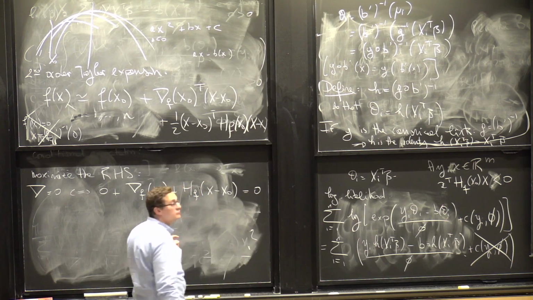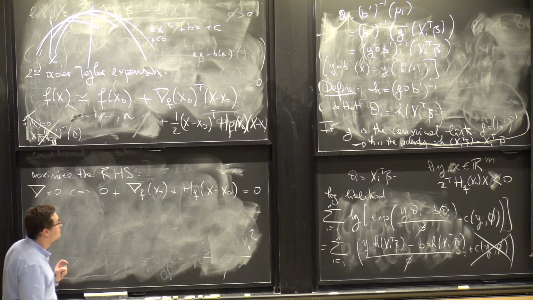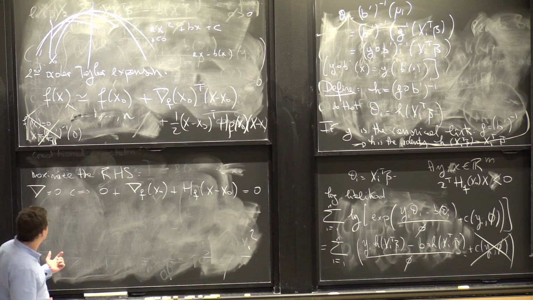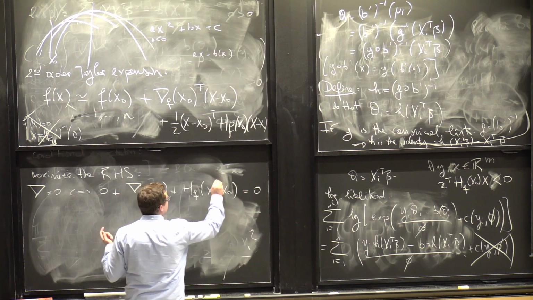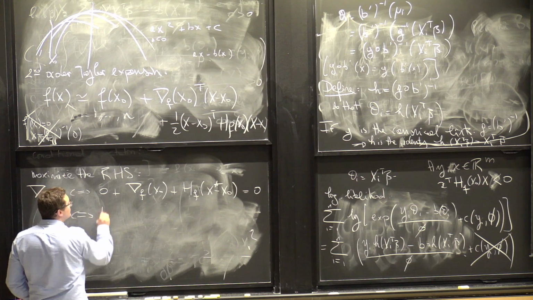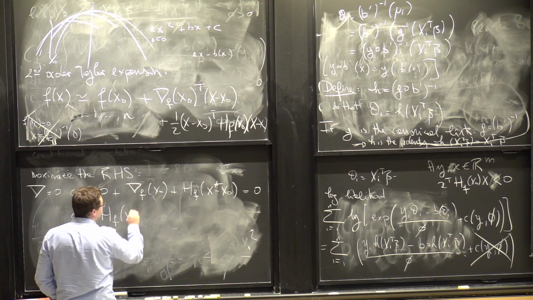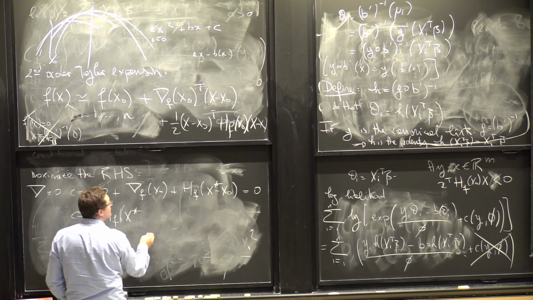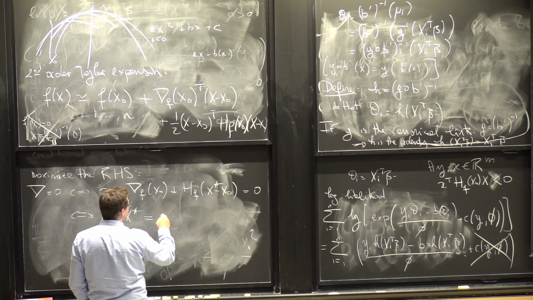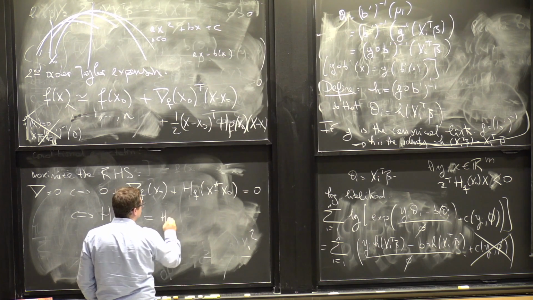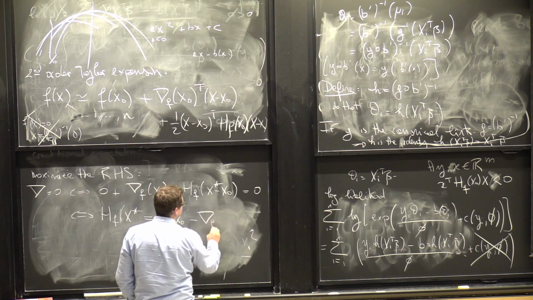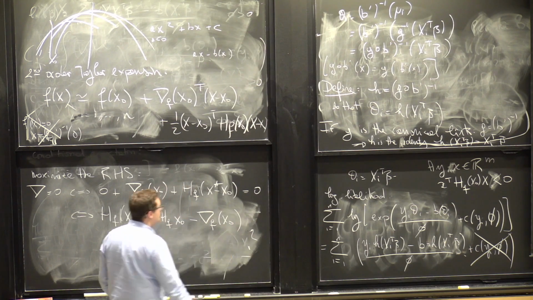So if I want to find the minimum, this is the x star that satisfies this. That's equivalent to Hf times x star equal to Hf x0 minus the gradient of f at x0.